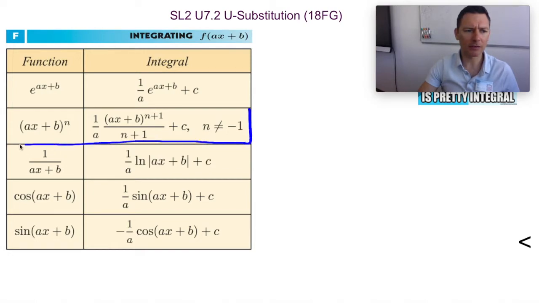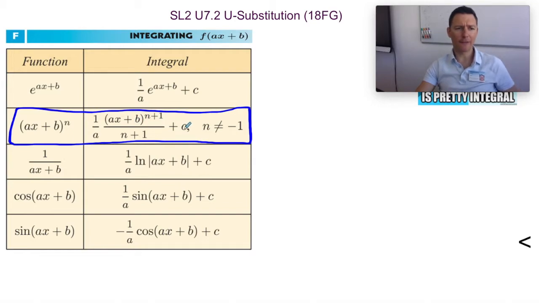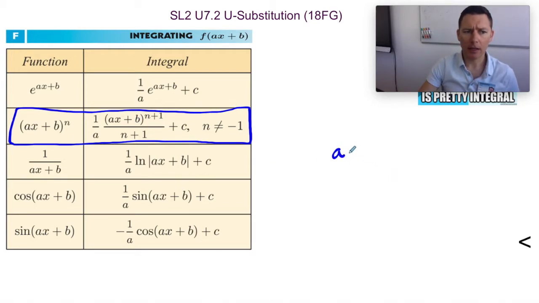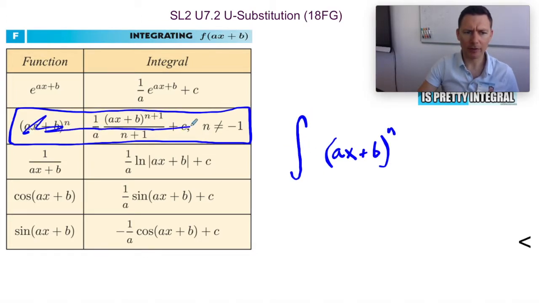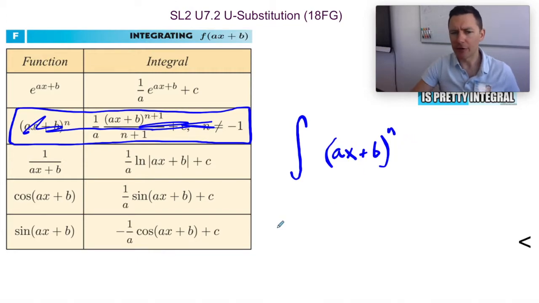Let's look at this piece. So if you were to have a function like ax plus b to the n, and you were integrating it, it's not this one, forget about this for a second. If you were to integrate it, you'd get ax plus b.